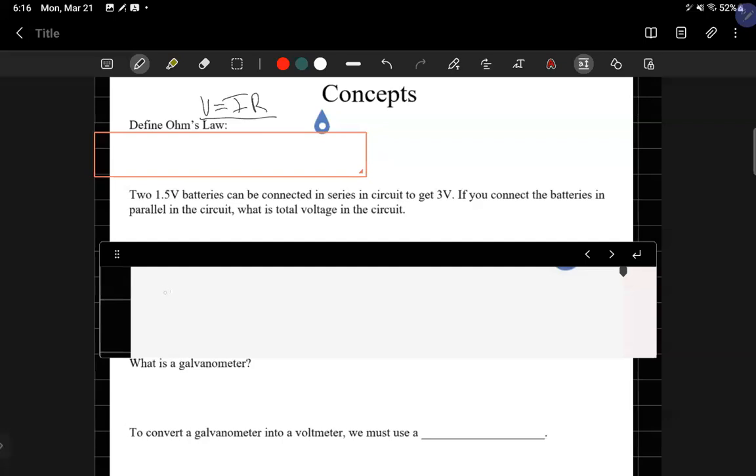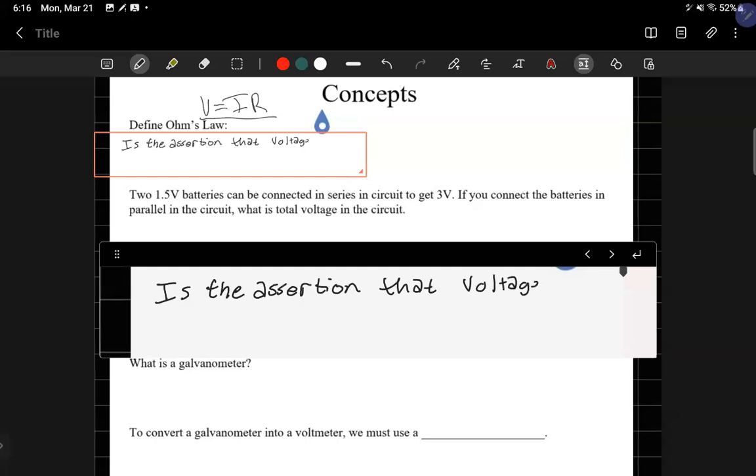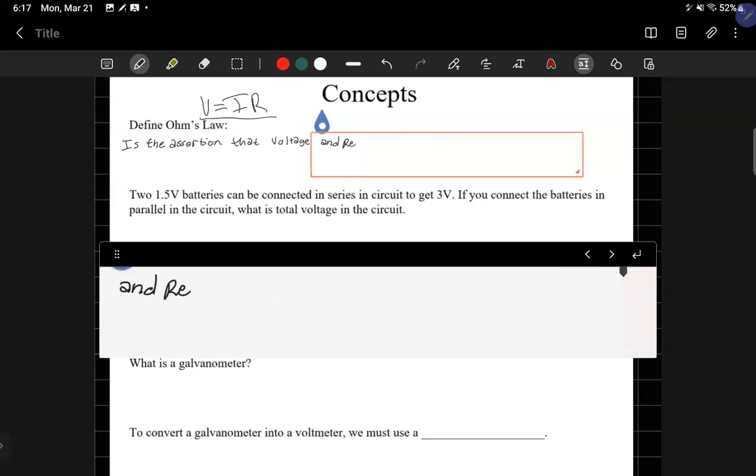Ohm's law is the assertion that voltage and resistance, wait, not resistance, current have a, what is it, relationship that is, how do I write this?